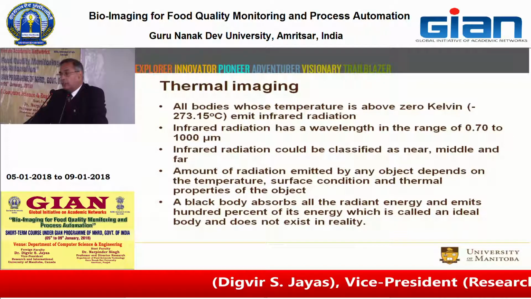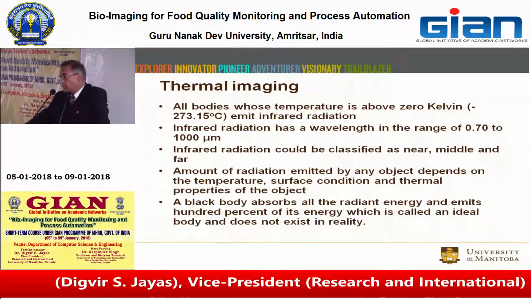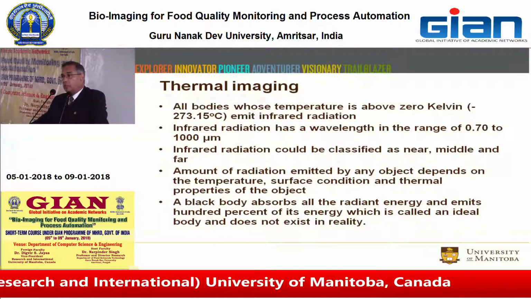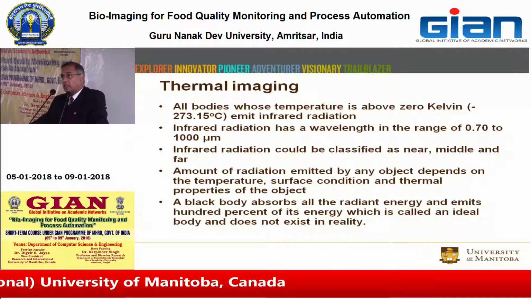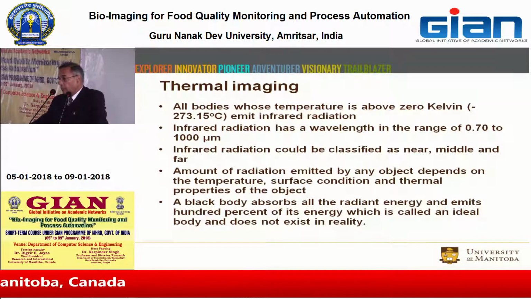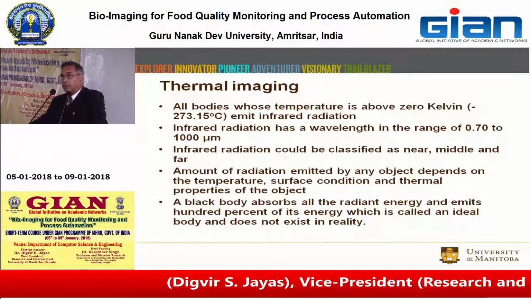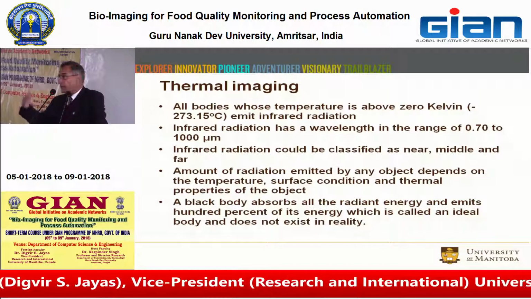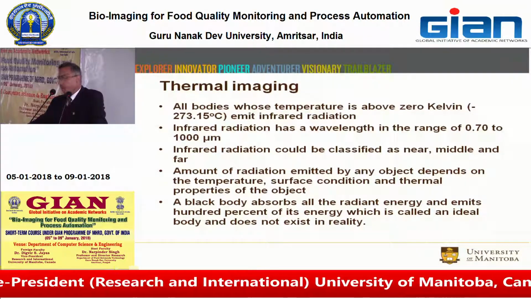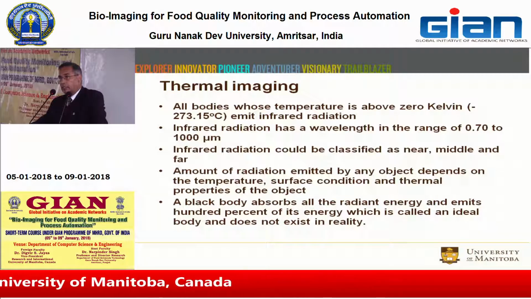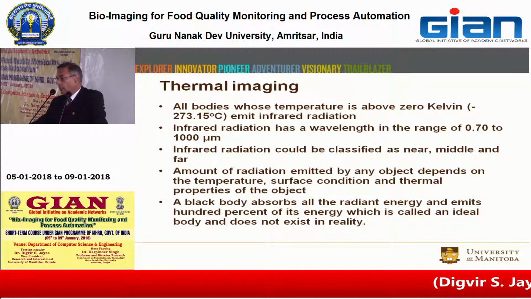The amount of radiation emitted by any object naturally depends on the temperature of the object. It also depends on its surface conditions or surface characteristics, and the thermal properties of the object. Particularly, the emissivity of the object would dictate how much heat is emitted, and that's what you're detecting. A black body, which can also be seen as an ideal absorber, absorbs all of the radiant energy.